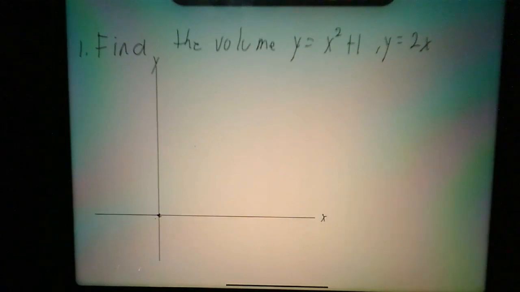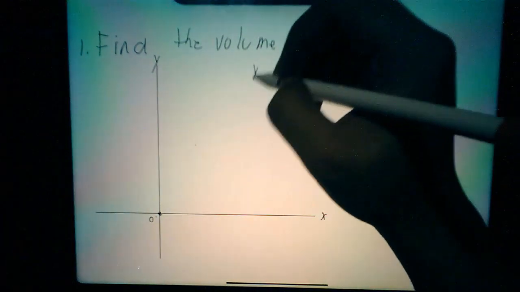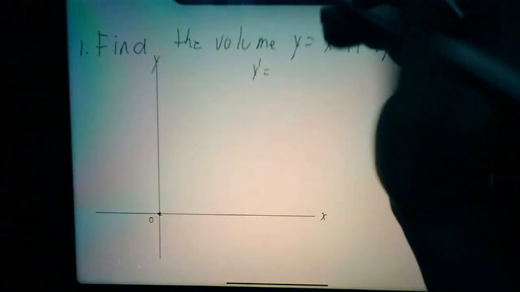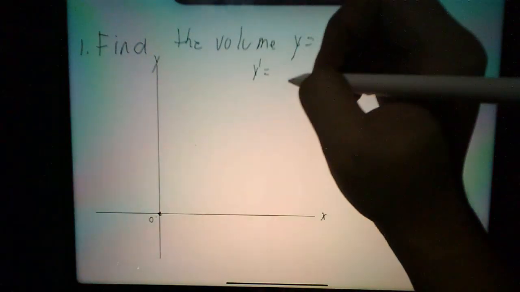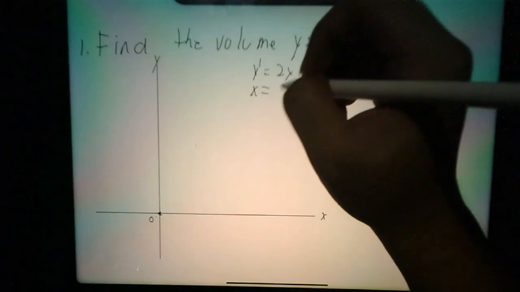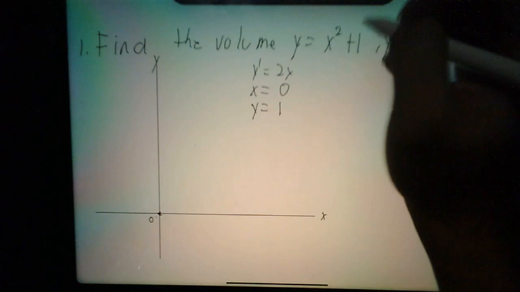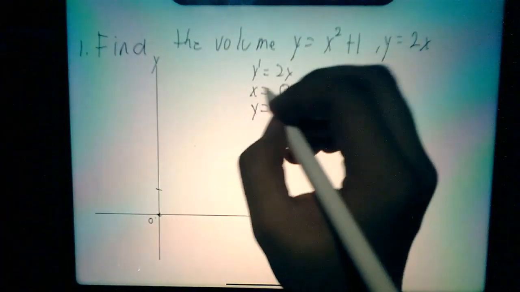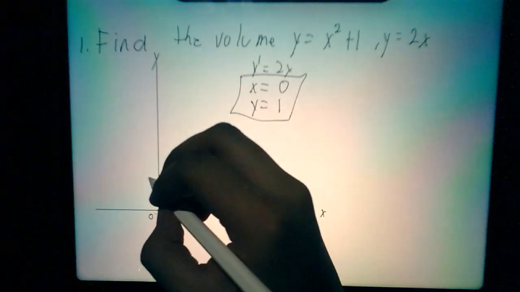So first we need to solve the points of our parabola, which is y equals x squared. The differentiation of that is just equals to 2x. Now let's equate x to 0 and y will become 0, so the vertex is at x equals 0, y equals 0.